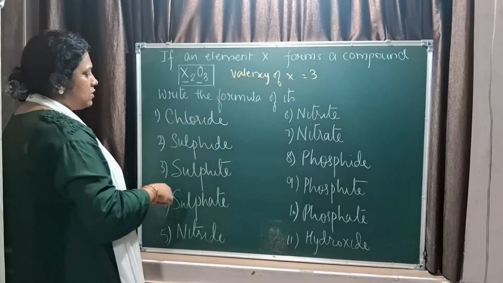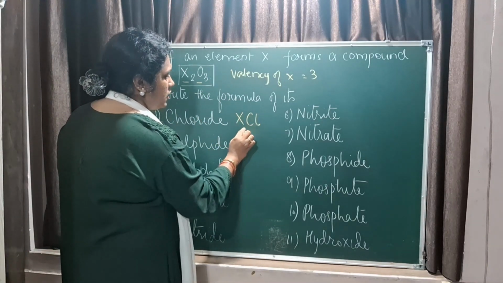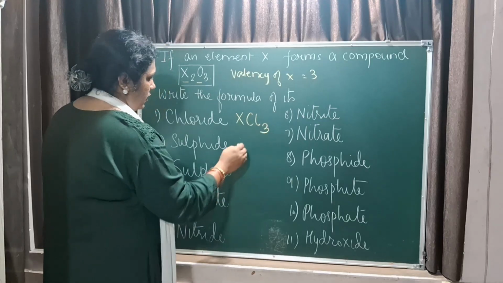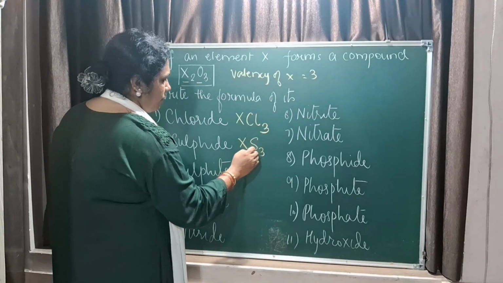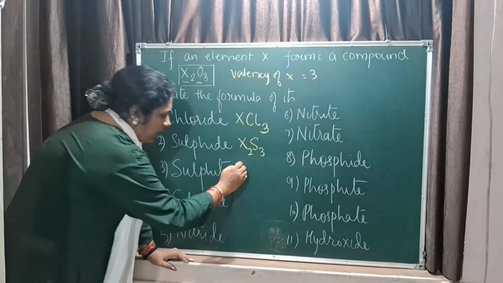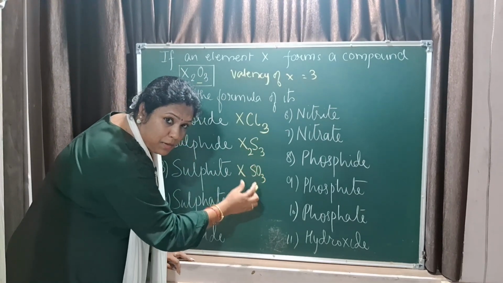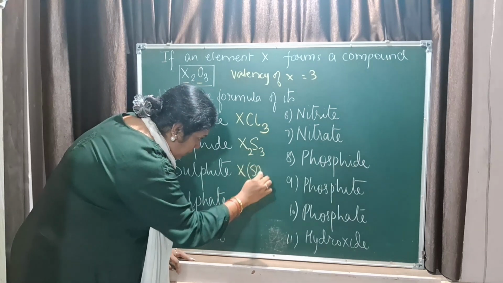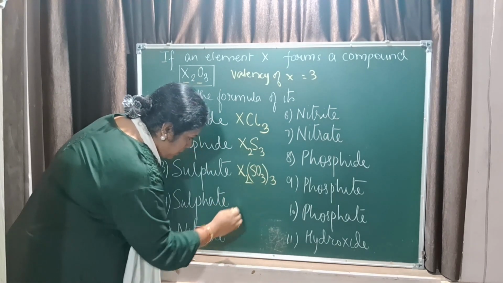Now using this concept we have to write chloride, XCl3, Cl valency 1, X valency 3. X2S3, sulfide valency 2. X2(SO3)3, SO3 is a radical with -2 charge. So put it in the bracket.